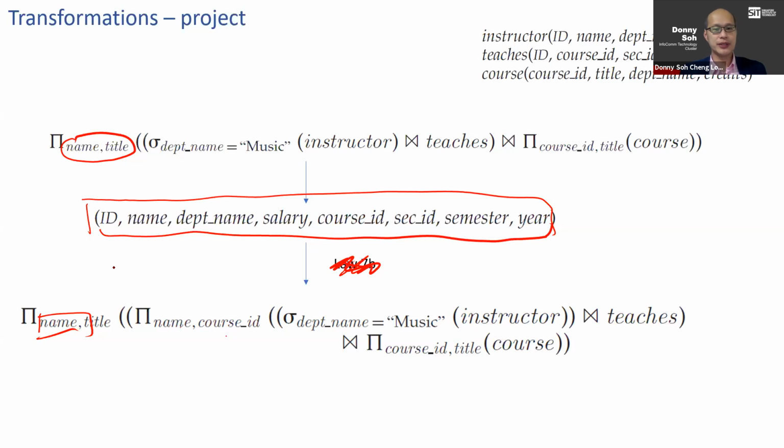But then the question is, what should the projection be? So we have to look at what is the ultimate thing we want to project. An easy way to see is that we have this pi condition.